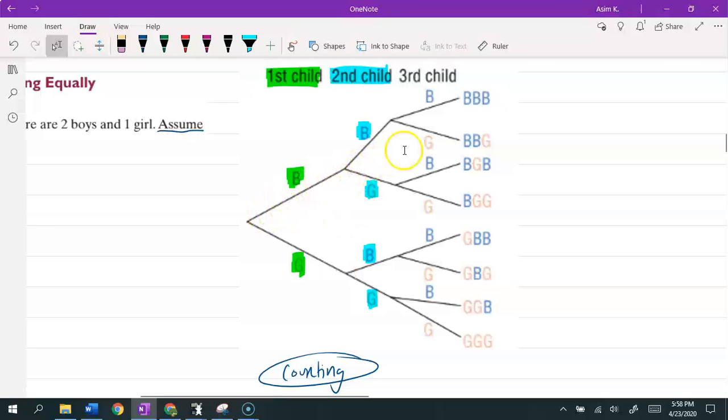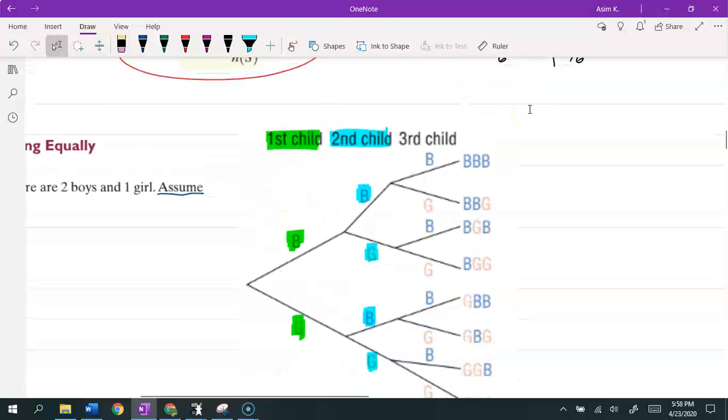So now in this situation, what's really happening is this. Look, you don't have to make this tree diagram. You really don't. This is just a demonstrative thing, and I only brought it in to show it to you. I can tell you that if there's a first child, that's 2 possibilities. Then there's a second child, there's 2 more possibilities.